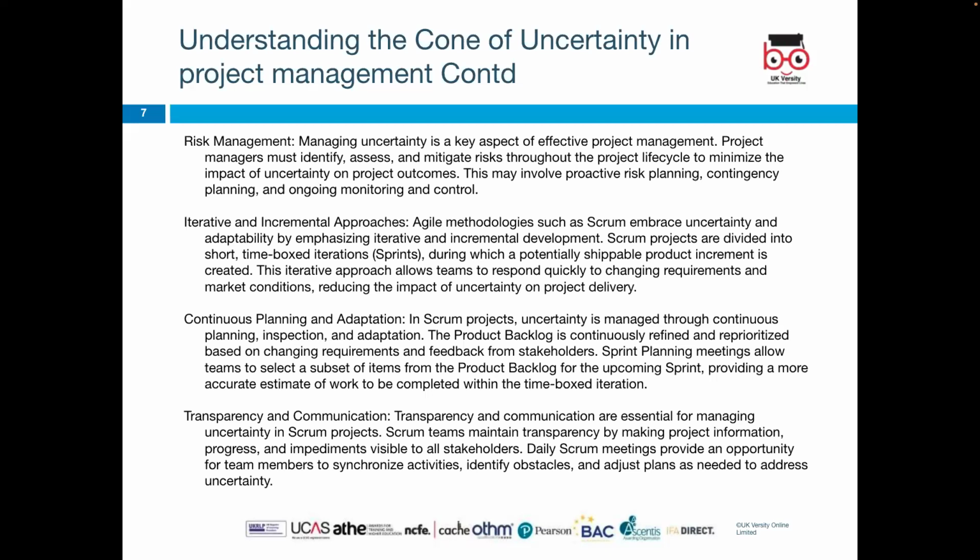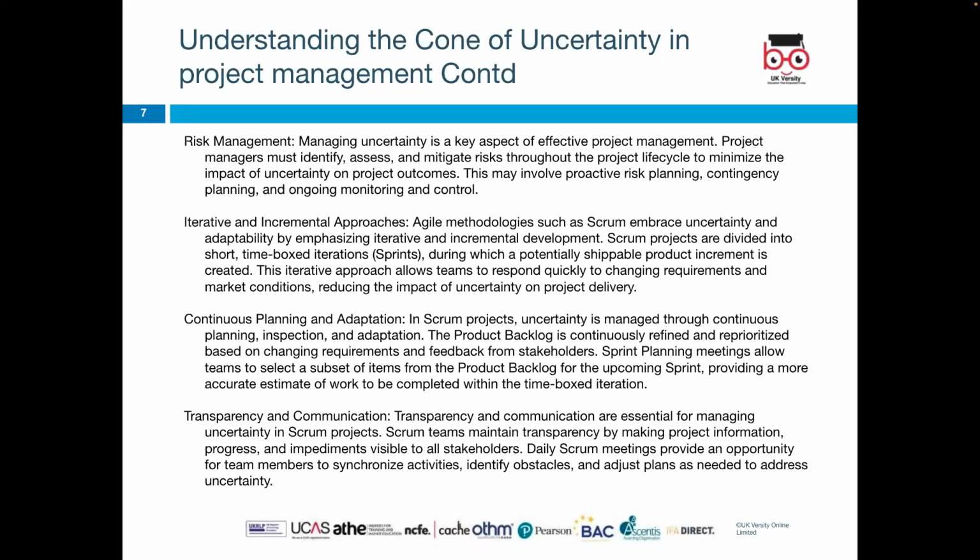Iterative and incremental approaches. Agile methodologies such as Scrum embrace uncertainty and adaptability by emphasizing iterative and incremental development. Scrum projects are divided into short time-boxed sprints. So we also have continuous planning and adaptation.